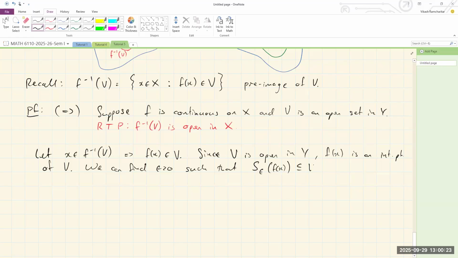It's entirely within V. Okay, that's what it means to be an interior point. Now we could call this one. Okay, so that was the assumption that V was an open set. Now we could move over to the assumption that f is continuous, right? Because we need to use that assumption somewhere. Okay. So since f is continuous, right?